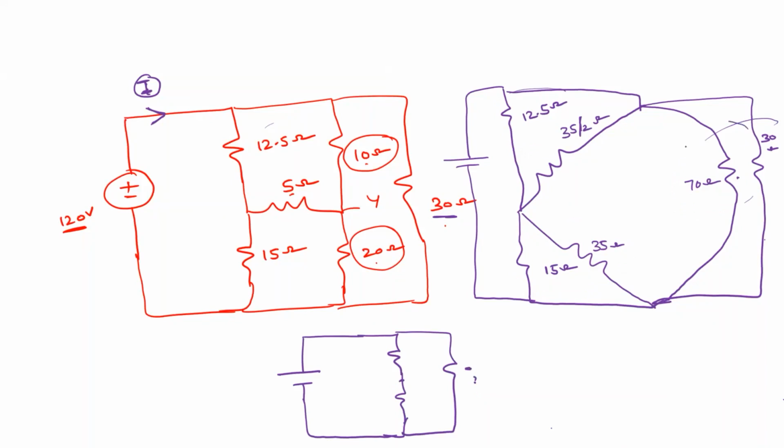This is 70 parallel 30, right? 21 ohm. So what is this value? 175 upon 24.